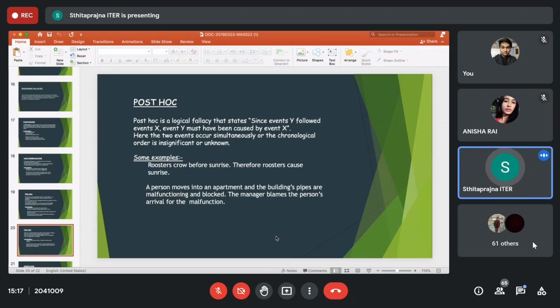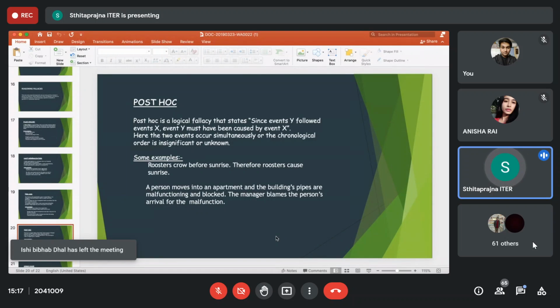Now, post hoc. Post hoc is a logical fallacy that states since event Y followed event X, event Y must have been caused by event X. It is like the previous one, the causal fallacy. The two events occur simultaneously or in a chronological order, we don't know, but believing that one caused the other is wrong.